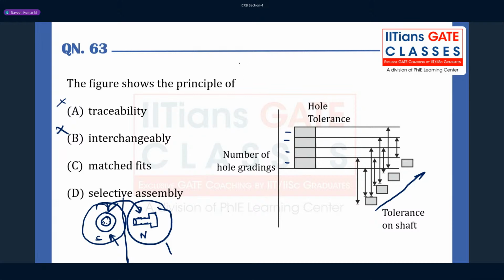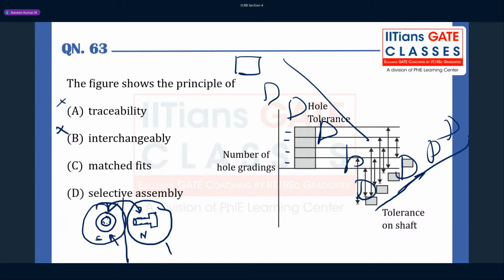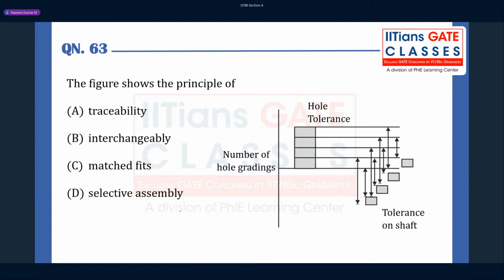For that, they have diagrams like this. That is what is called matched fits. This diagram does not show that, but you might think it will be the answer. No, it is not the answer.